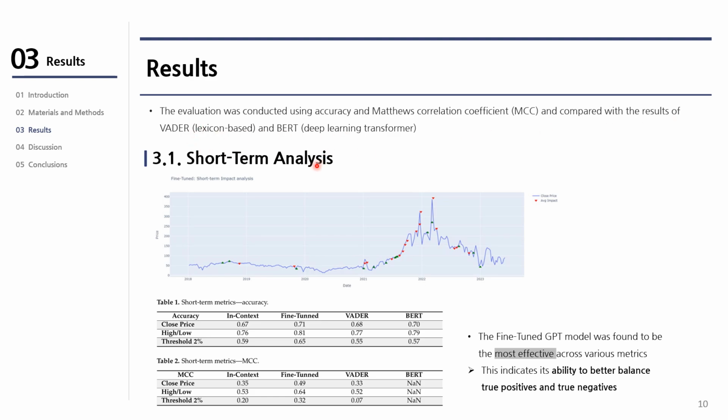After reviewing the short-term analysis results for our model, the fine-tuned GPT model was found to be the most effective across various metrics. In particular, its consistently high accuracy and MCC score compared to the VADER and BART models indicates that it can better balance true positives and true negatives, which are crucial for sentiment analysis.